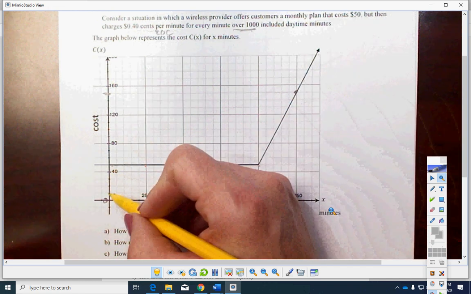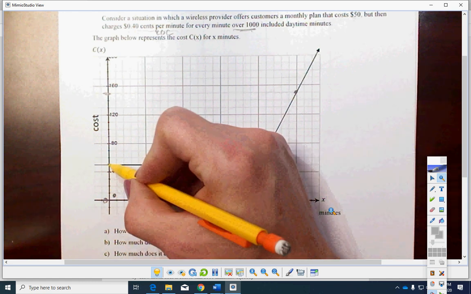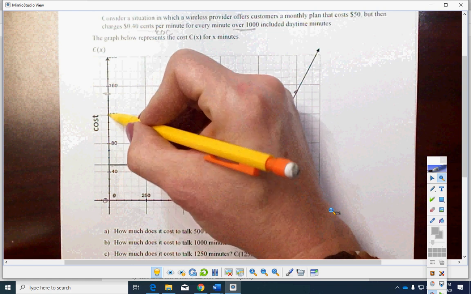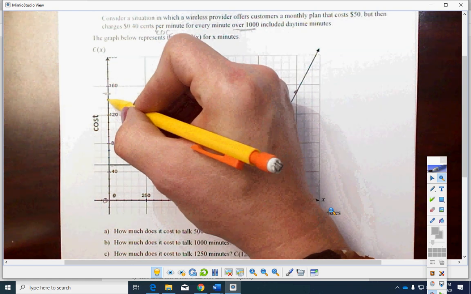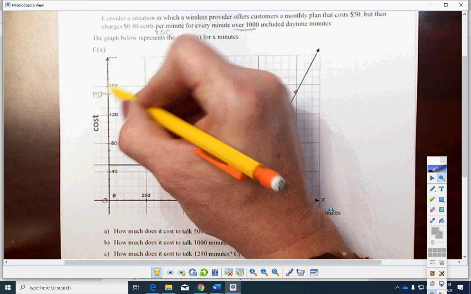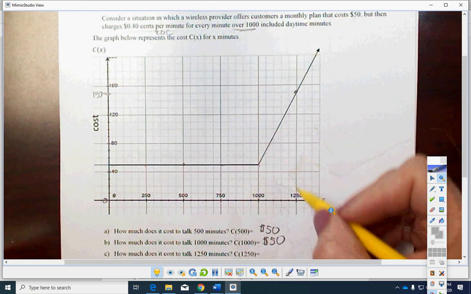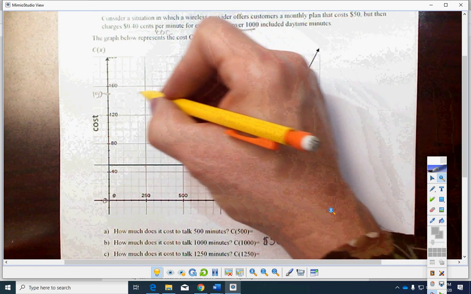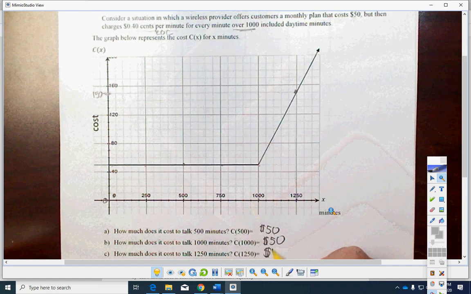It's going by tens, right? 10, 20, 30, 40, 50, 60, 70, 80. So it is going by tens. So if this is 120, 130, 140, 150, it makes sense to get up to 160 there. So for 1,250 minutes, it's going to cost $150.